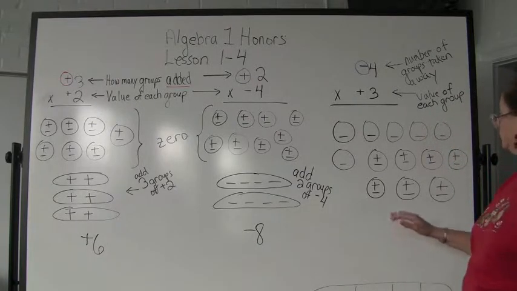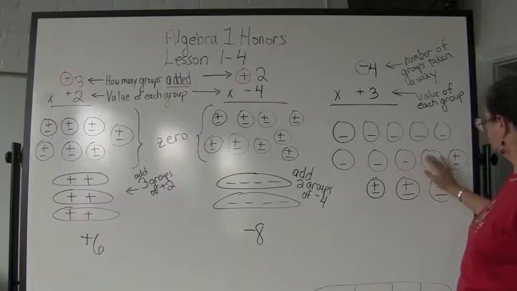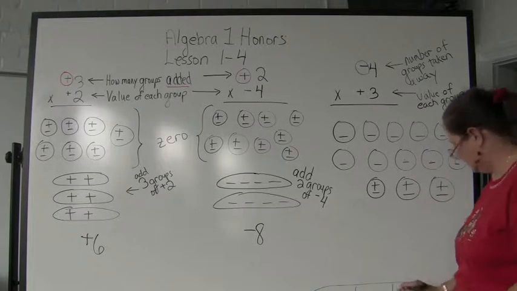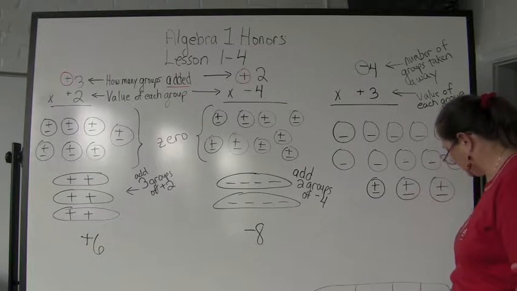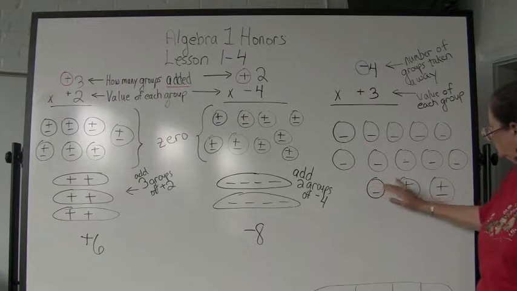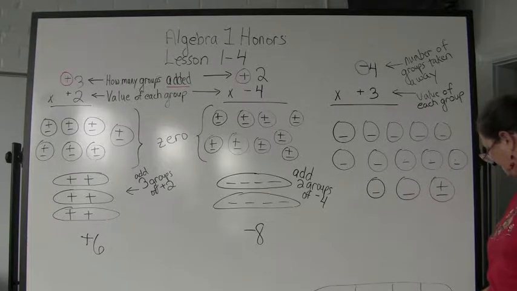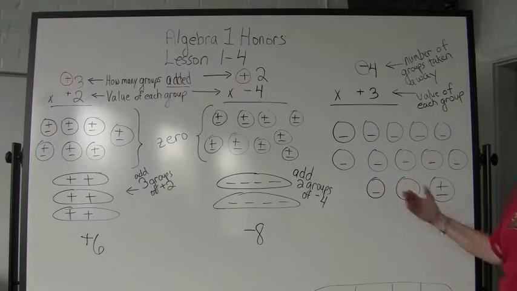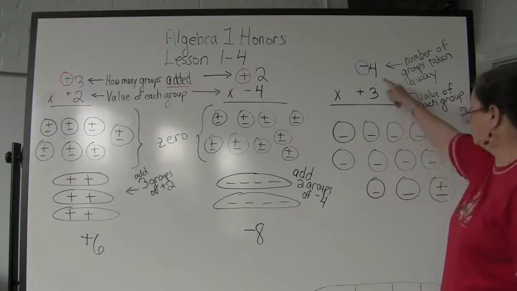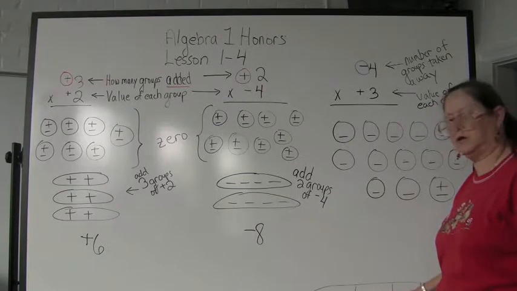Then here's my third group. 1, 2, 3. And here. Okay. And there's my fourth group. 1, 2, 3. Okay. So I've taken away 4 groups, and each group had a value of +3.